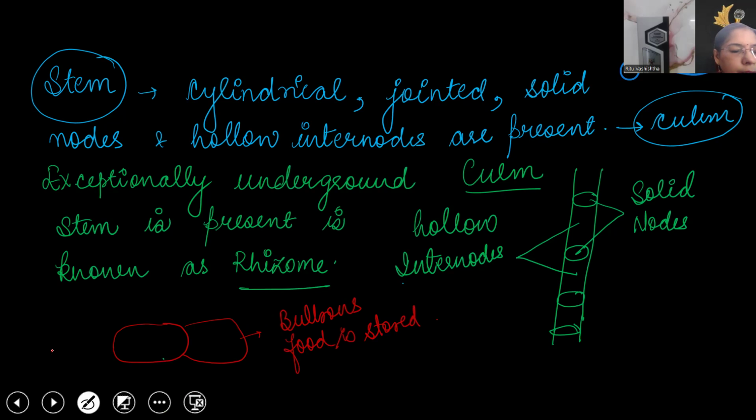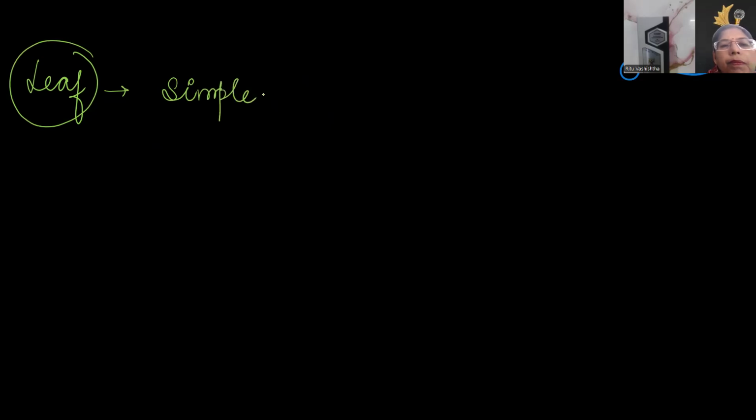Now we'll be discussing the next vegetative characteristic, which is none other than the leaf. When we talk about the leaf, it is simple, alternate. Simple means entire, alternate, with parallel venation.